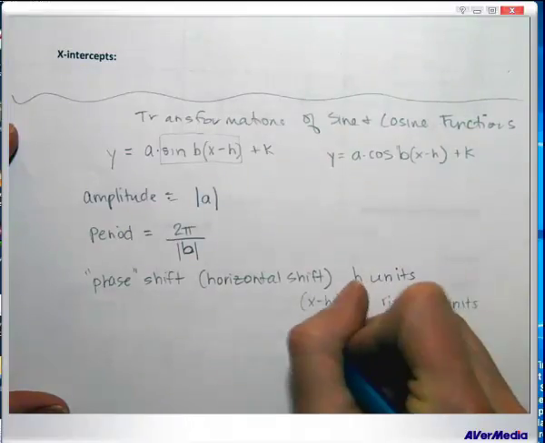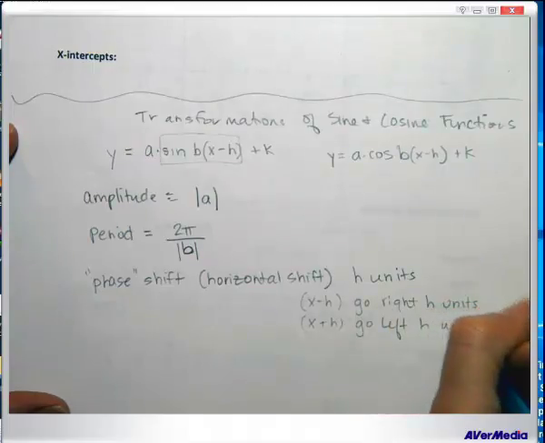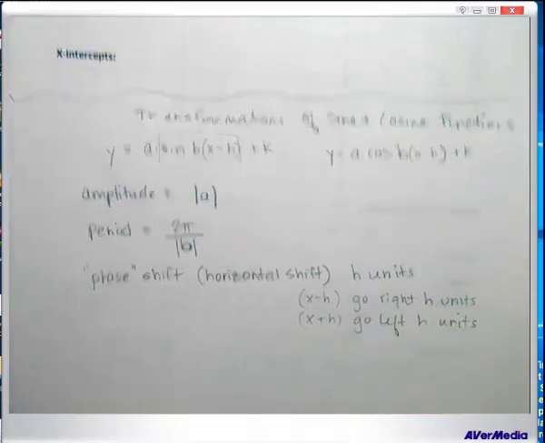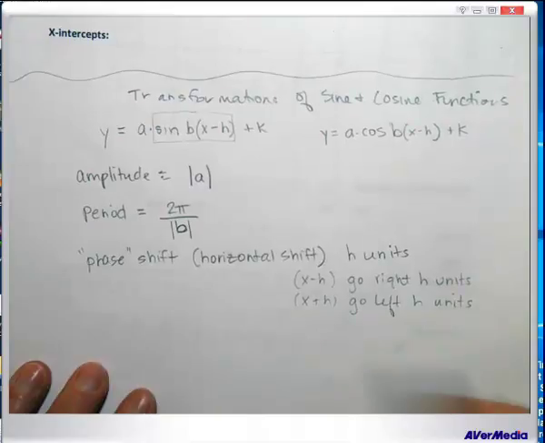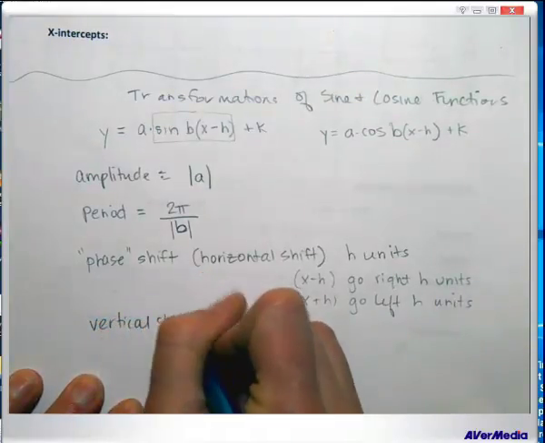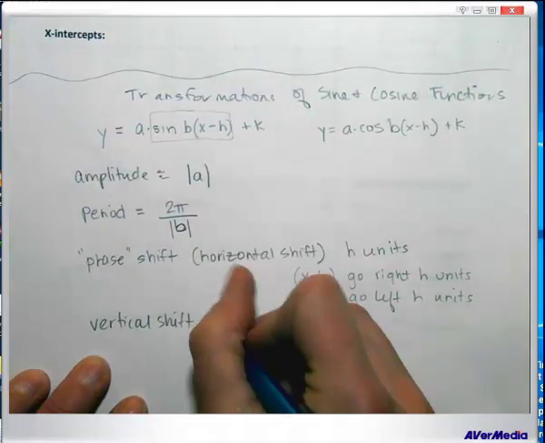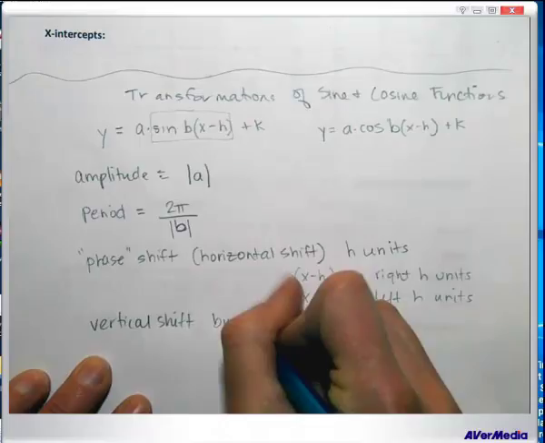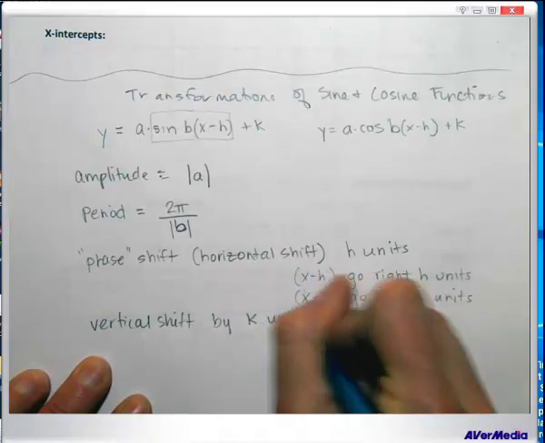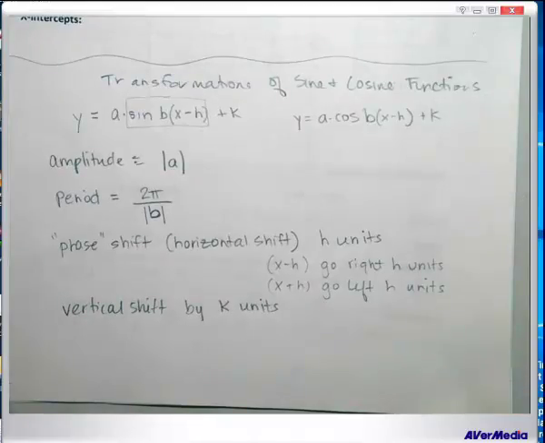If you have x plus h, you go left h units. And then lastly, we can have a vertical shift, we said, is the k. If k is positive, we go up. If k is negative, we go down.